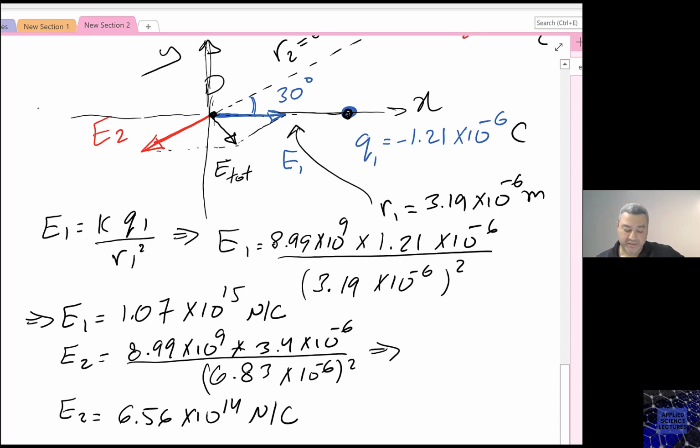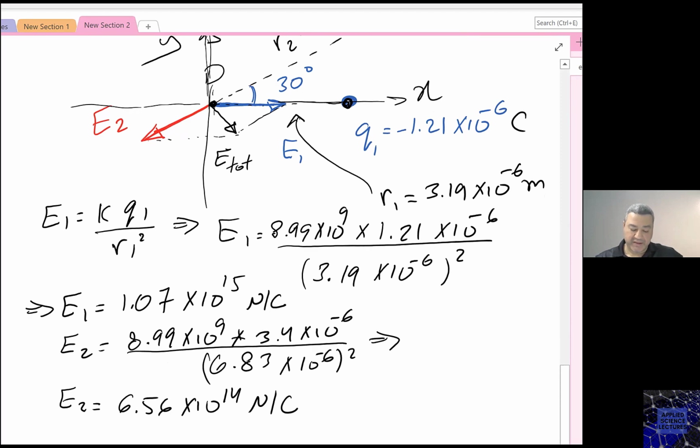So in this case I have the x's. So E2 will be projected on the x-axis.